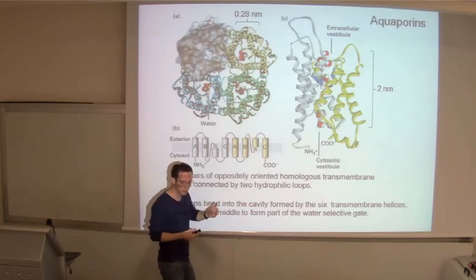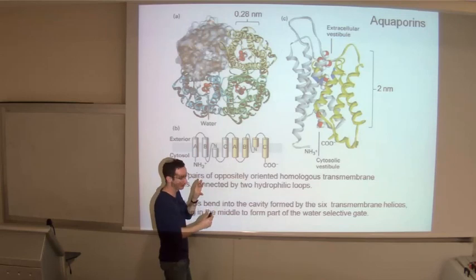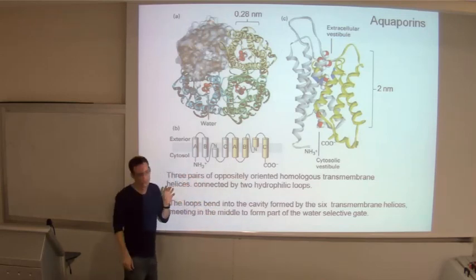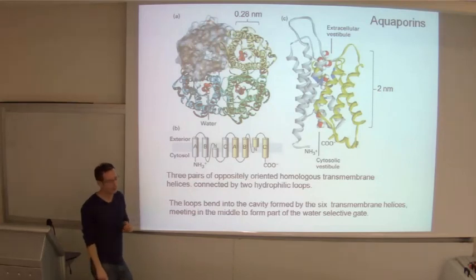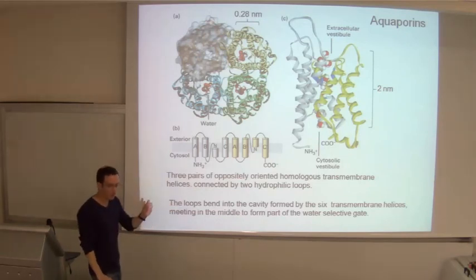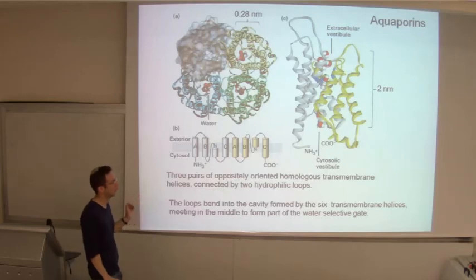And it's a similar thing we saw in the potassium channel, that these are loops, fragments in the protein that bend into the channel and cover part of it or build the selectivity filter in the entry of the channel. Right? So it rings the bell. It looks similar to the potassium channel in this sense.